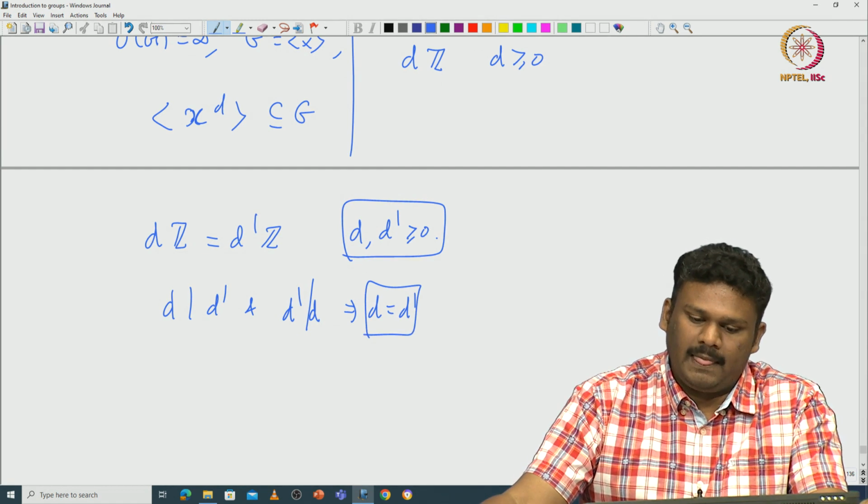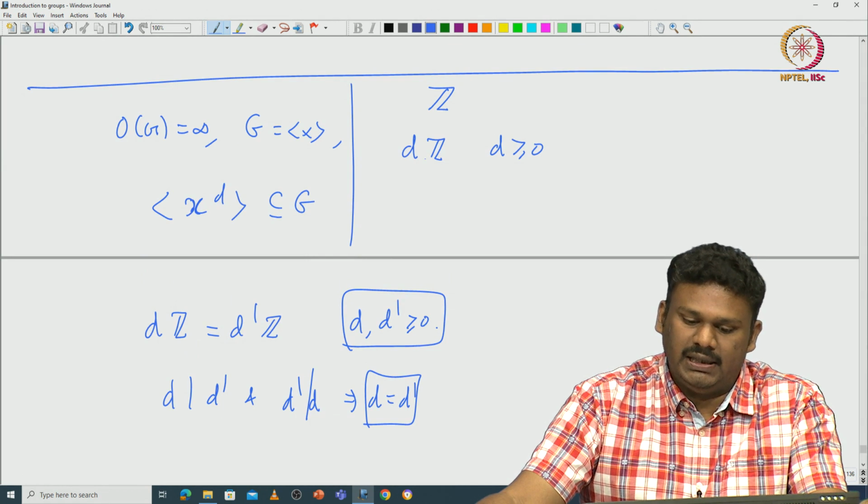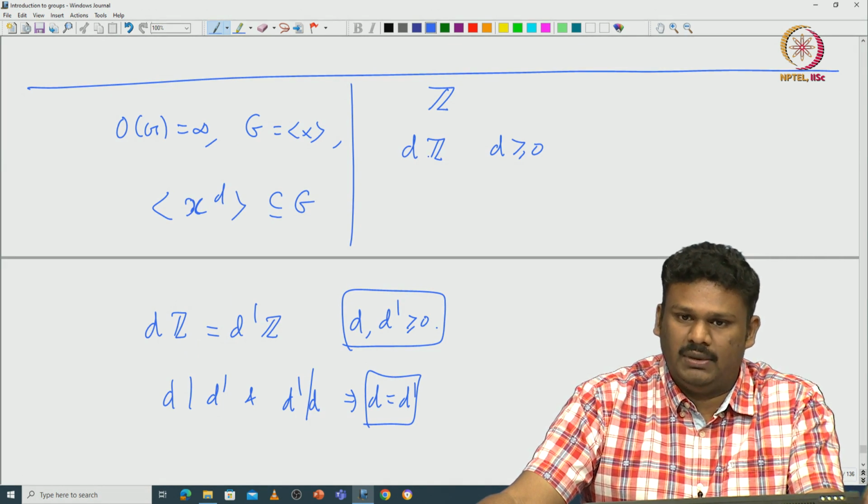In particular, the subgroups of Z are indexed by dZ and all of them are distinct.